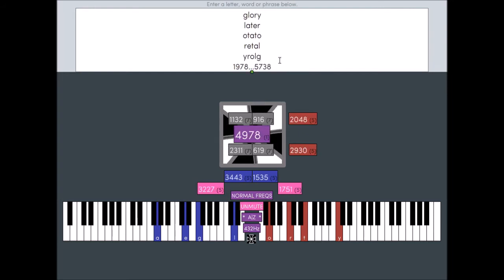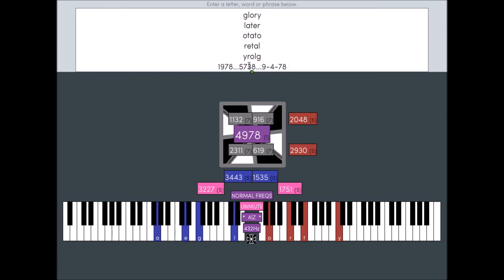Now I got the exact date: 9/4/78, which is the Hebrew year 5738, which is the Gregorian Julian year of 1978. All three squares all together, glory, light, and the crown. So I wanted to give a peek at that.